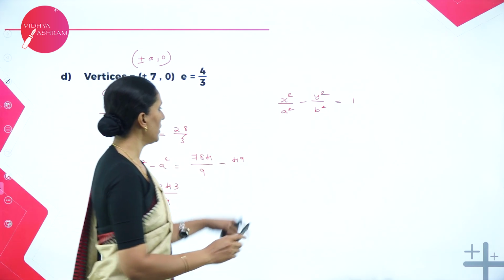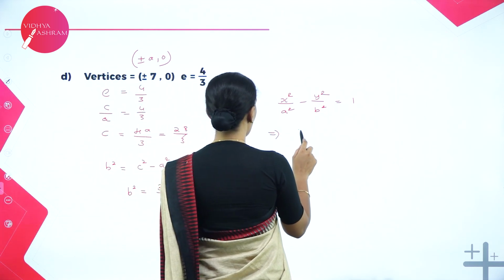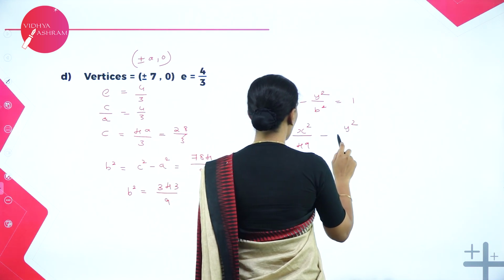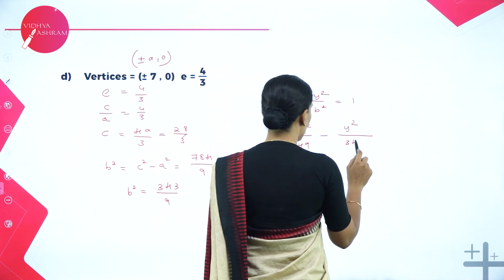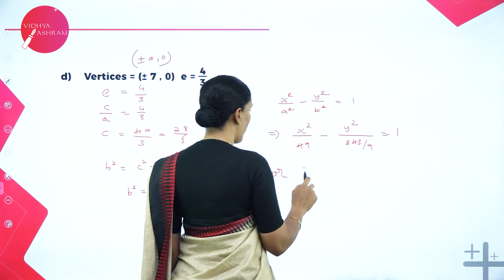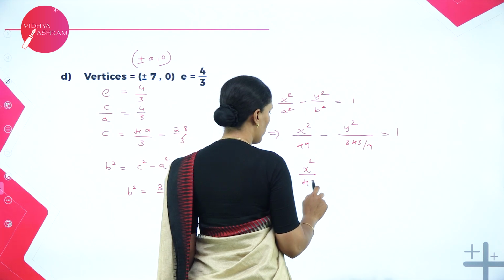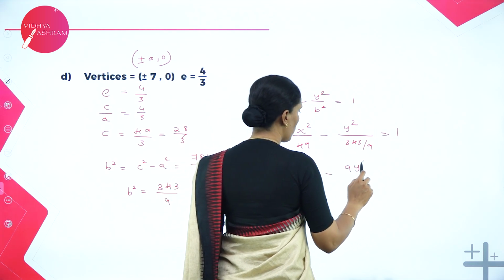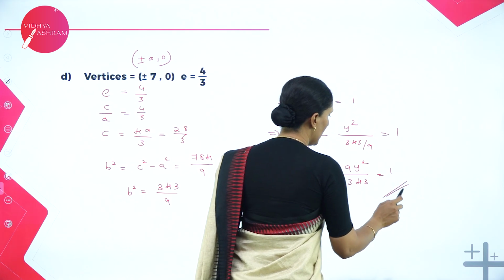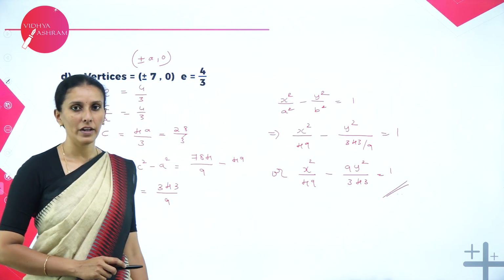Now substituting in this equation, we have x square by 49 minus y square divided by 343 by 9 is equal to 1, or we can write this as x square by 49 minus 9y square divided by 343 is equal to 1. So this is the required standard equation of a hyperbola.